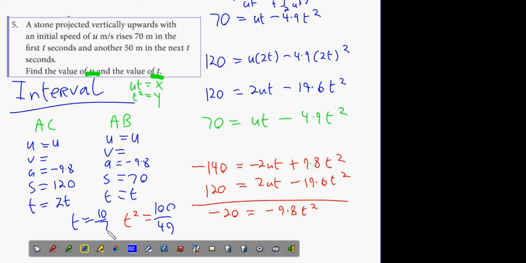Now we have to find the u value. How do we find the u value? We can just sub it into one of the equations here. I'll do it on the green one.